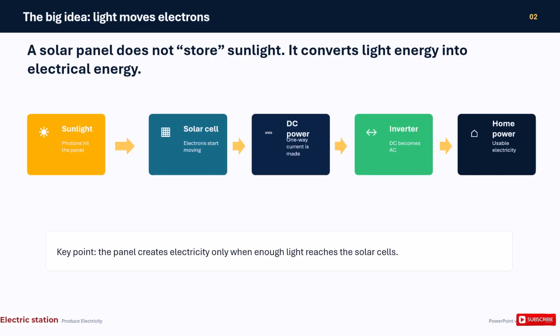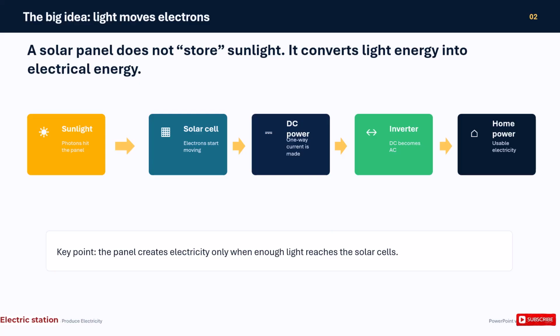The basic idea behind solar power is surprisingly simple. A solar panel does not collect or store sunlight. Instead, it converts the energy in sunlight directly into electrical energy. Sunlight hits the solar cells, the energy from that light causes electrons inside the cells to move, and this movement creates direct current, or DC electricity.